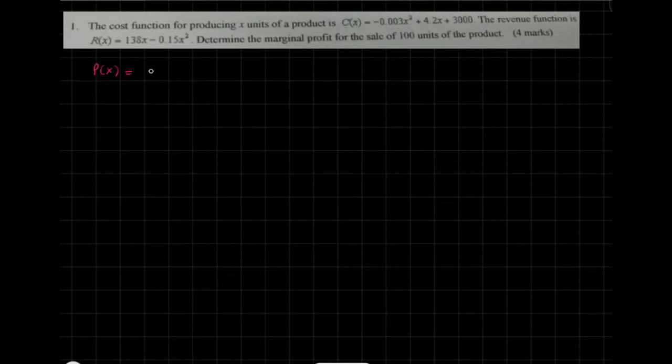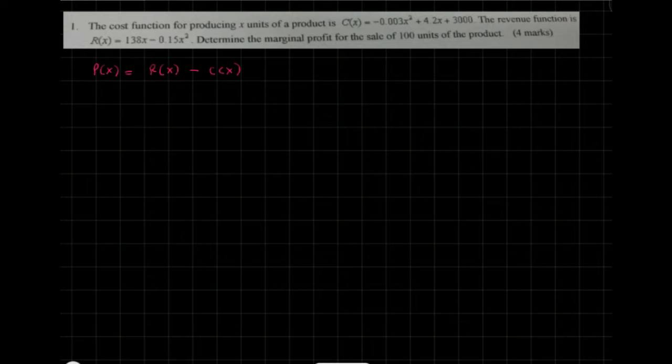The profit function is the revenue function minus the cost function, right? Profit is revenue minus cost. Now, marginal profit is the profit that is basically being created per unit of good that is produced and sold, right?